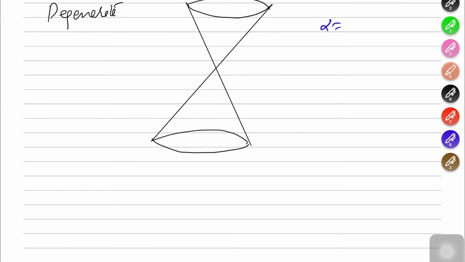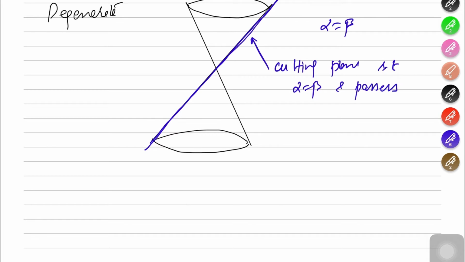We have to maintain alpha is equal to beta and pass it through the vertex. So this is the cutting plane, such that alpha is equal to beta and passes through the vertex.